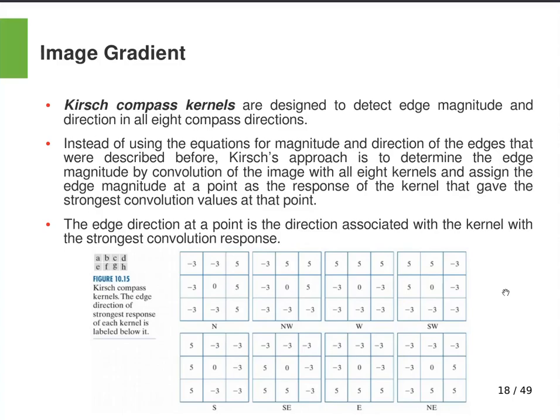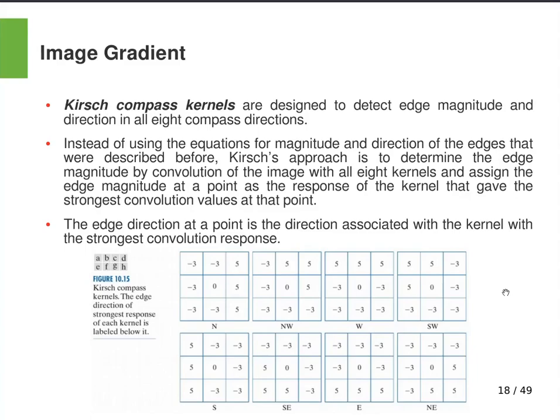So instead of using the equations that we defined before to calculate the magnitude and direction of the edges, in this approach we determine the edge magnitude by convolving the image with all of these 8 kernels, and then we assign the edge magnitude at any given point as the response of the kernel that gave the strongest convolution value at that point. As for the edge direction at any given point, we use the direction associated with the kernel with the strongest convolution response at that point.